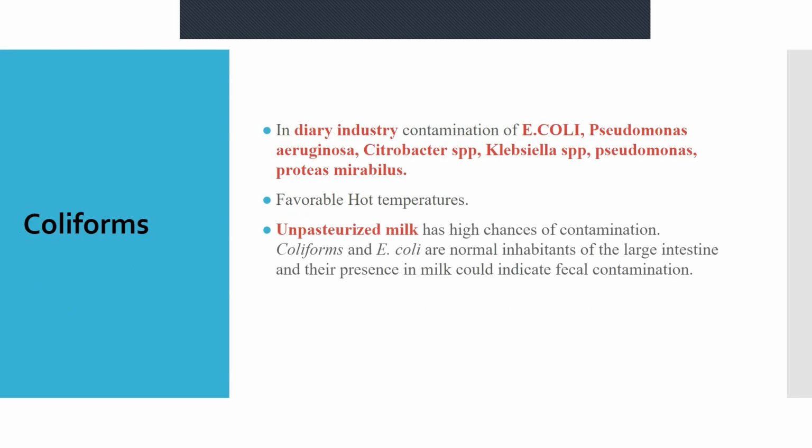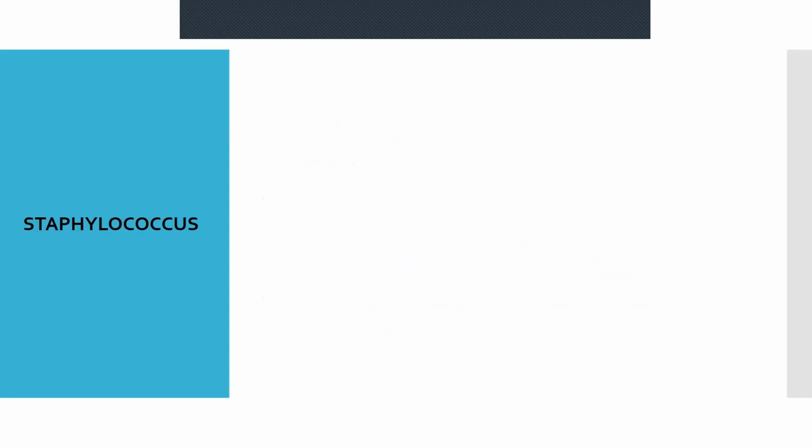There are high chances of contamination in unpasteurized milk, where coliforms and E. coli are normal inhabitants of the large intestine. The symptoms include pneumonia, urinary tract infections, cramps, vomiting, bloody diarrhea, fever, etc.